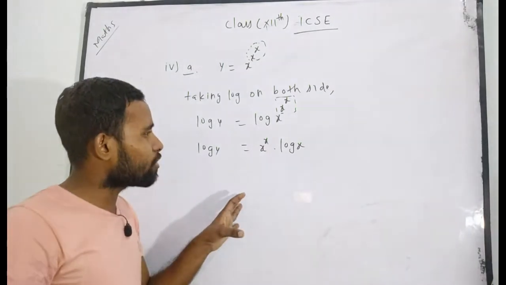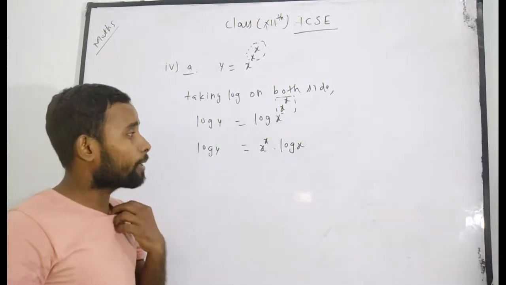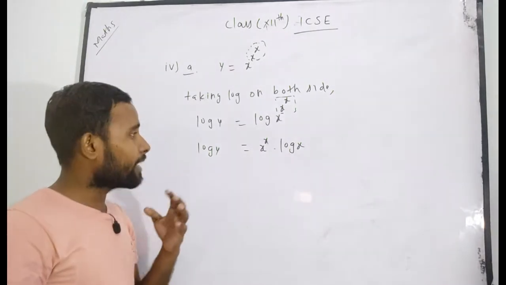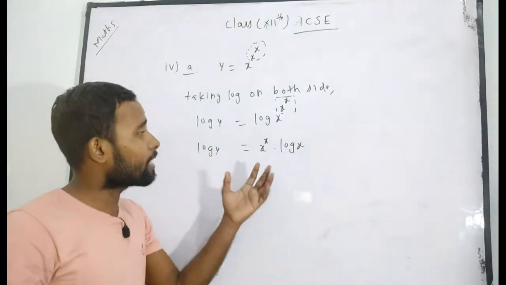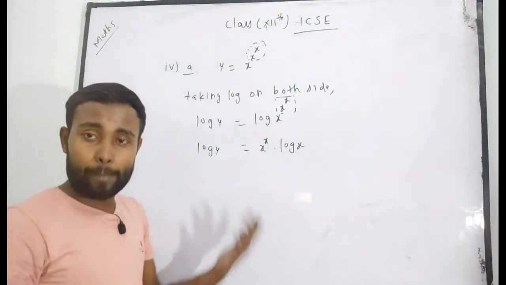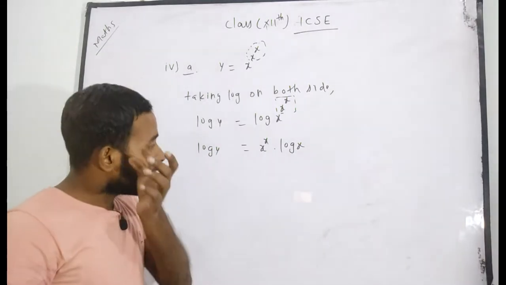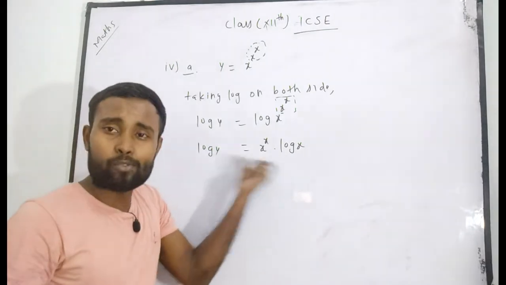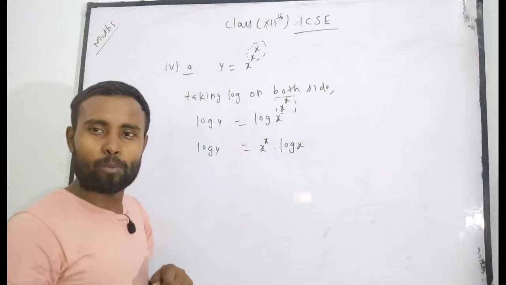Still, it is not so easy, and in your examination you will not be able to find it directly if you have not had enough practice. That's why you will take an easier method, so that you can find the derivative of x to the power x simultaneously while solving this question. Here, this again looks complex, so again you can take log on both sides.